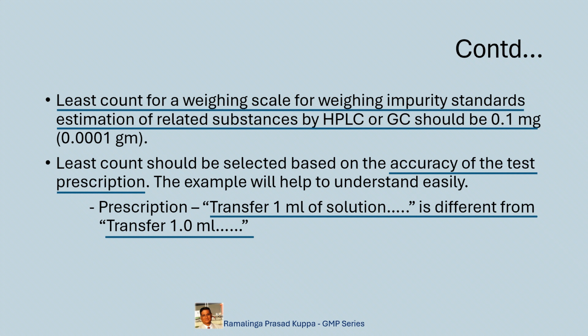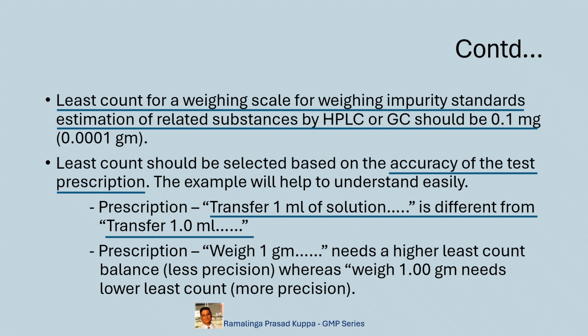The accuracy of 0.5 ml is adequate here. But if the prescription is to transfer 1.0 ml, it is necessary to take a precisely calibrated bulb pipette or a graduated pipette with a least count of 0.1 ml or less.